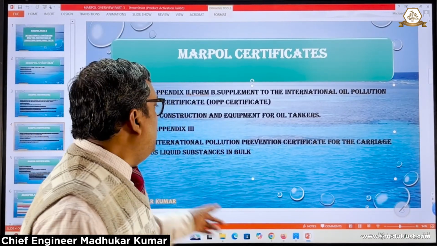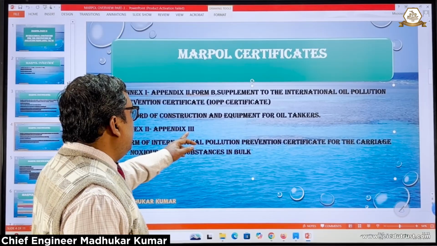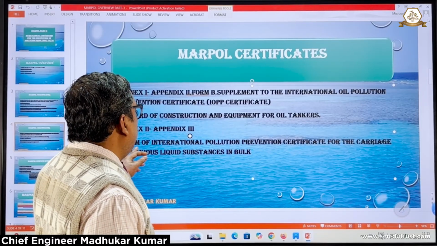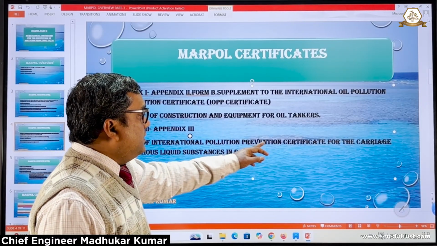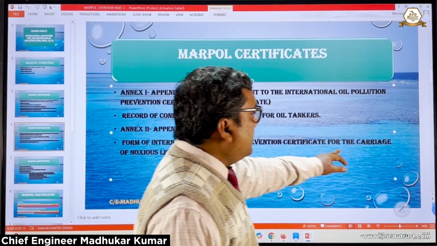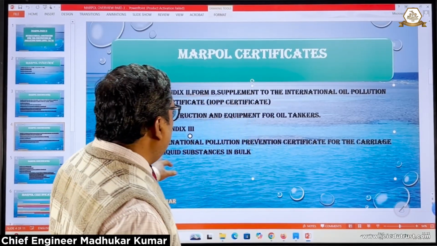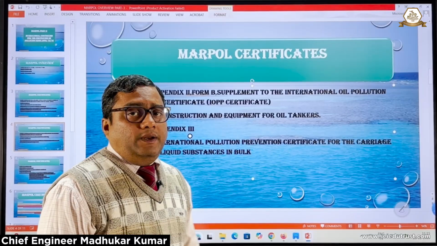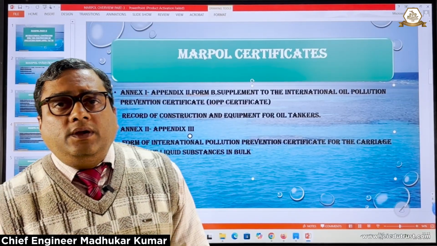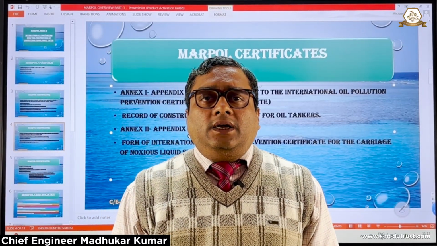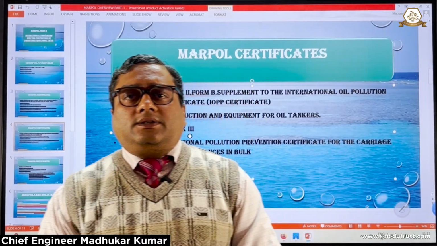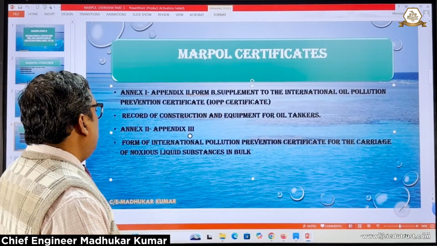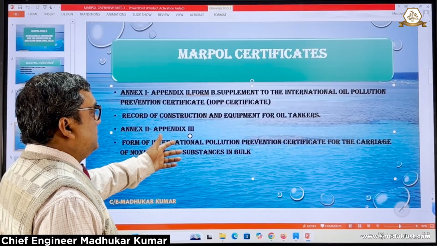In this one we have appendix 3, the form of the International Pollution Prevention Certificate for the carriage of noxious liquid substances in bulk. In short form we call this the NLS certificate. So the NLS certificate is for annex 2, appendix 3.